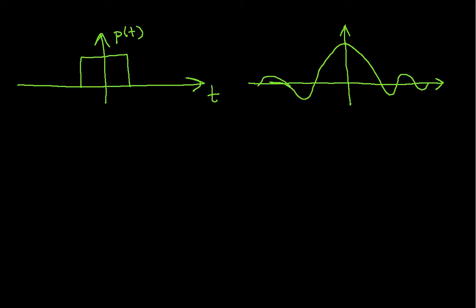This is actually drawn badly, but this is a frequency domain function. And you'll see it drawn either as P of f or sometimes the frequency domain variable will be omega. And if you have to convert between the two, omega is equal to 2 pi times f. Now, you should also be aware that the Fourier transform is typically a complex function. So for every value of f, it gives you a complex number.